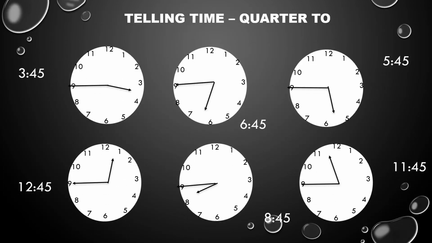Telling time, quarter to. What time is this? 3:45. It is also called quarter to 4. What about this? 6:45. It is also called quarter to 7. What about this? 5:45. It is also called quarter to 6.